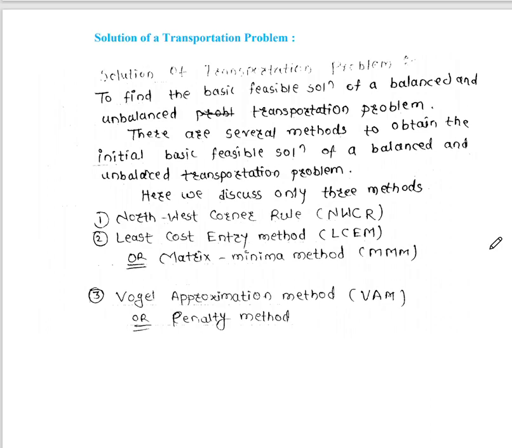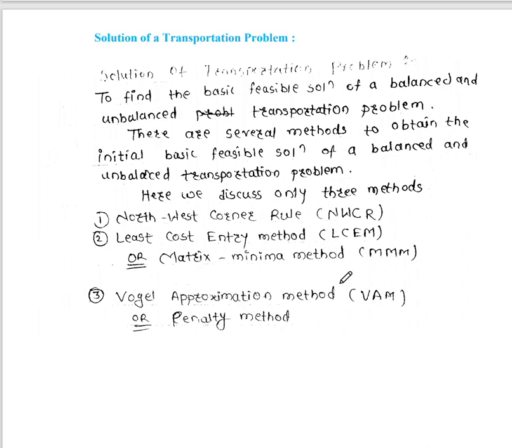The methods are: first method is the northwest corner rule, NWCR method in short. Second method is the least cost entry method, LCEM in short, or the matrix minima method.